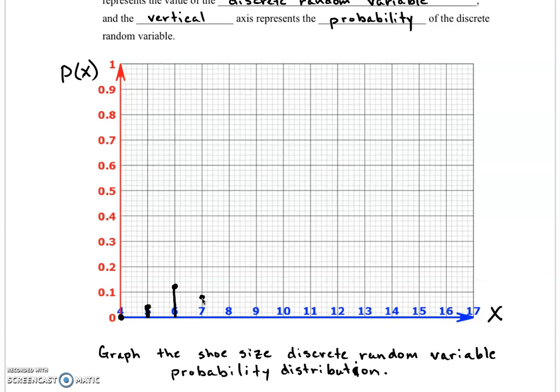So you guys should probably pause the video and graph these yourself if you can, and then restart and see if you got it right.